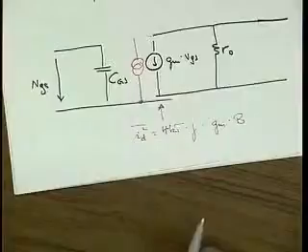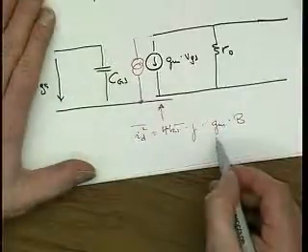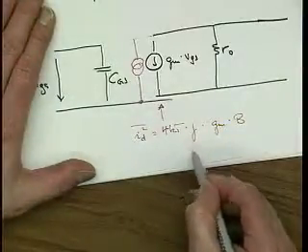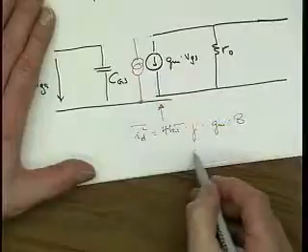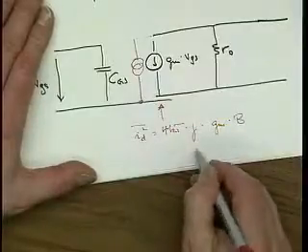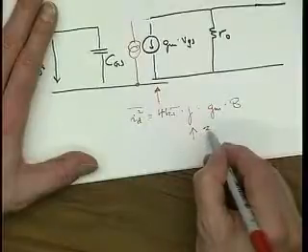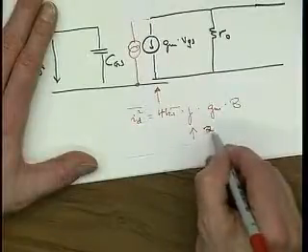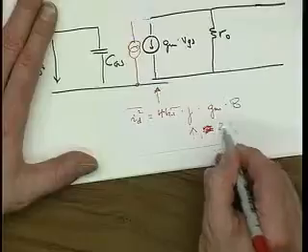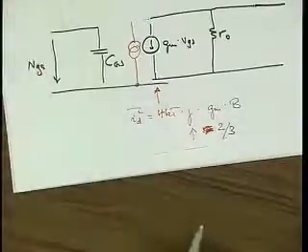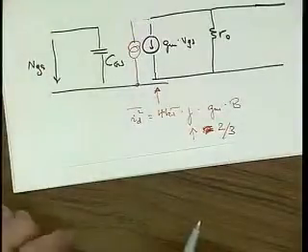So a couple of things. This is again pretty much the equation that we have. What about this gamma? Well, gamma in most textbooks you will find is 2/3 for a MOSFET. For a bipolar it would be 1/2.